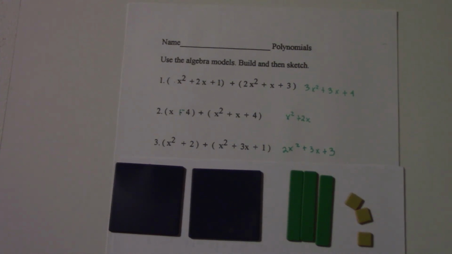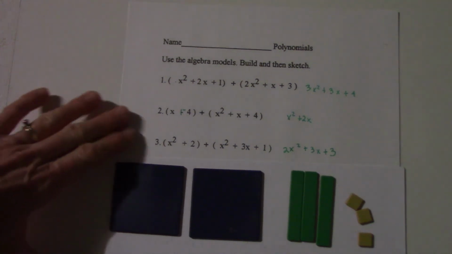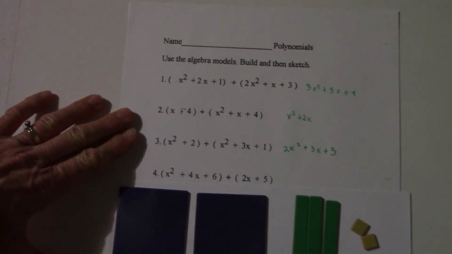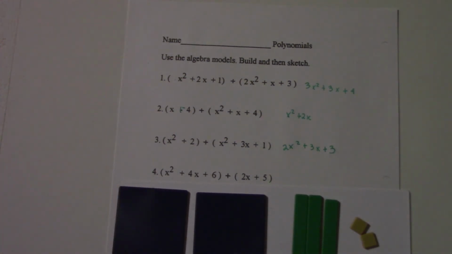So what I see, if I'm looking at what patterns I notice, is that I'm going to be combining the like terms. The things that are alike go together and we just add them. And that's what we'll notice.